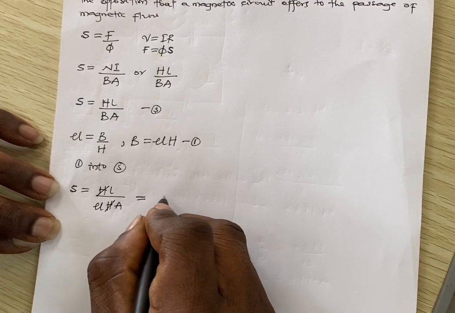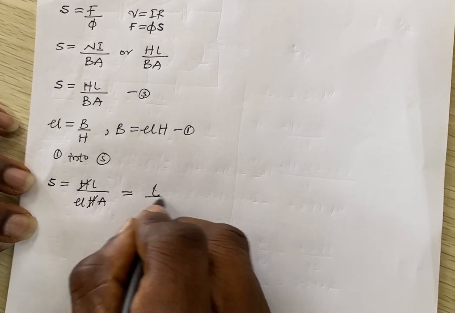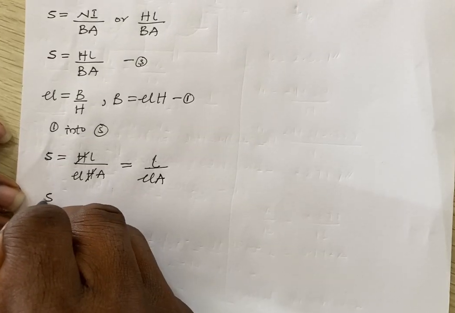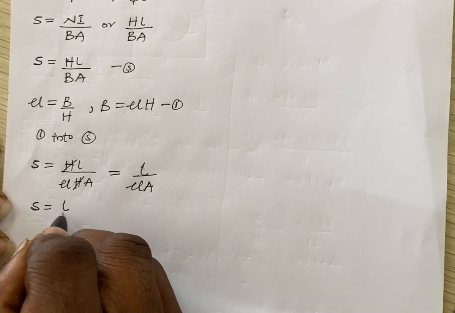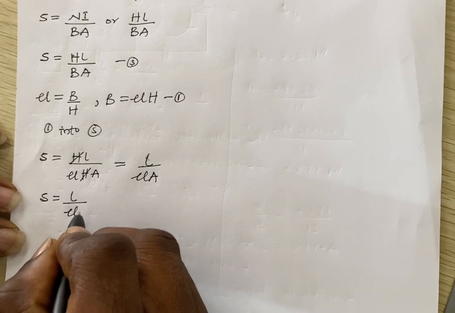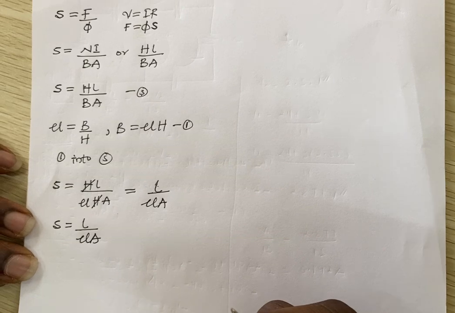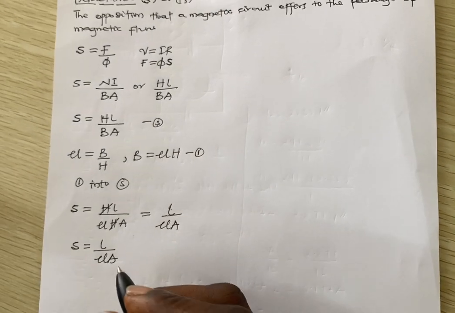Then we can have S to be equal to L on mu A. Therefore, reluctance can also be said to be the length on absolute permeability times cross-sectional area.